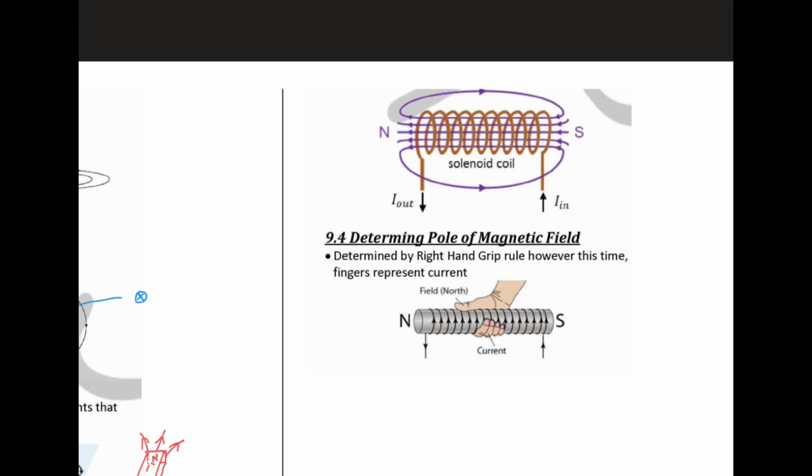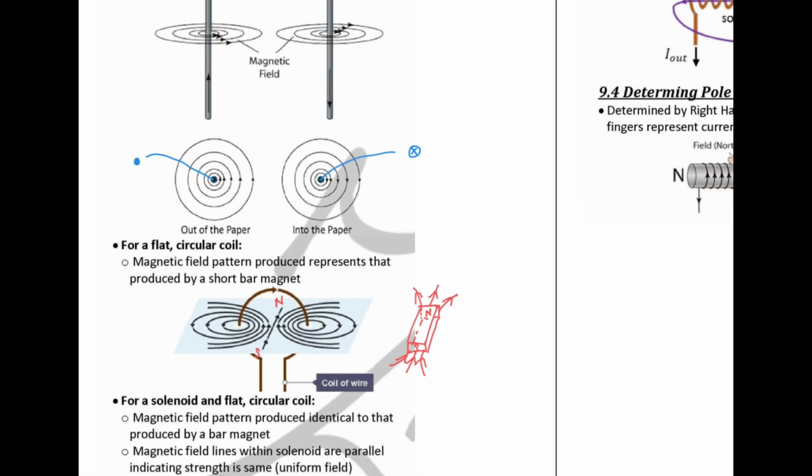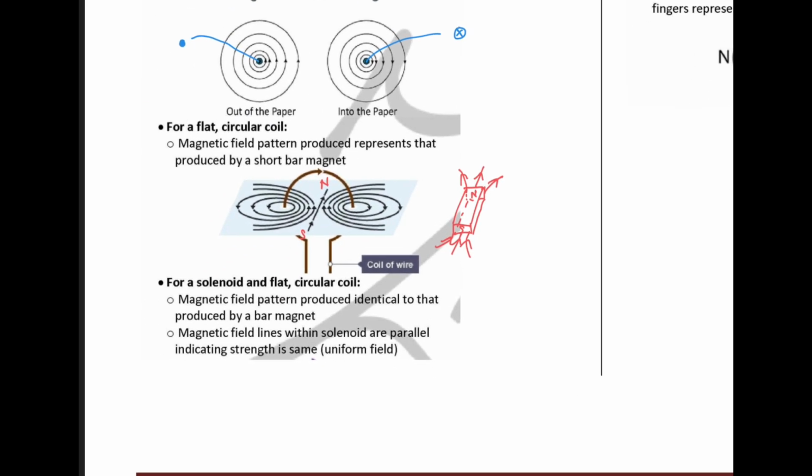Now let's continue with the information here. The first point: magnetic field pattern produced is identical to that produced by a bar magnet. Of course, it will be the same because this one is already somehow like a bar magnet, and the solenoid will be similar.